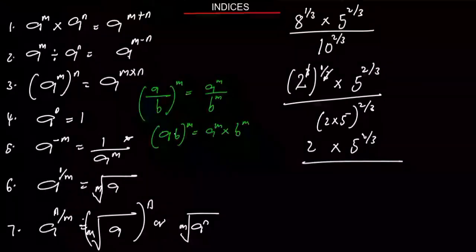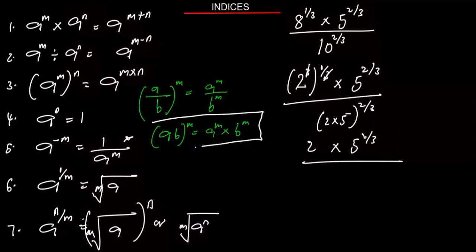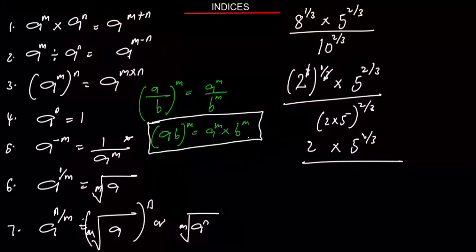Remember the law: if you have a times b raised to the power m, it's a raised to the power m times b raised to the power m. So what I have here now is 2 raised to the power 2 over 3 times 5 raised to the power 2 over 3. Since I have that, if you observe, this can cancel this.